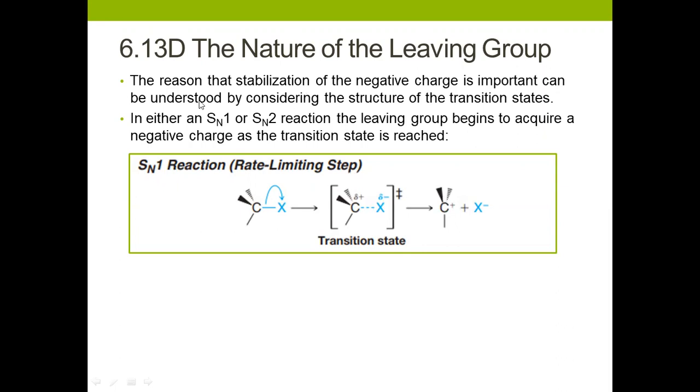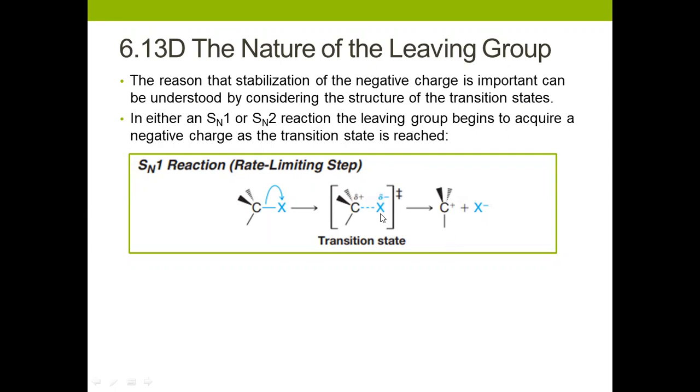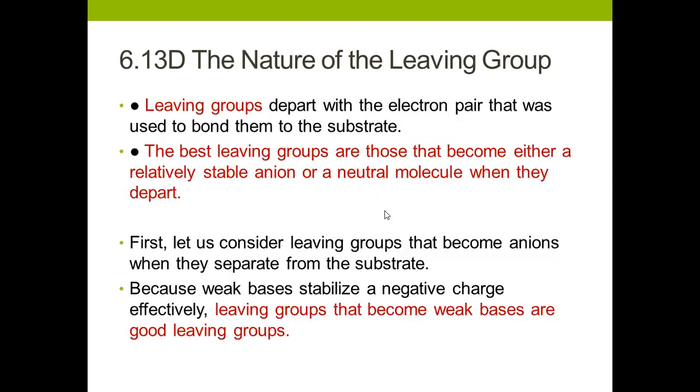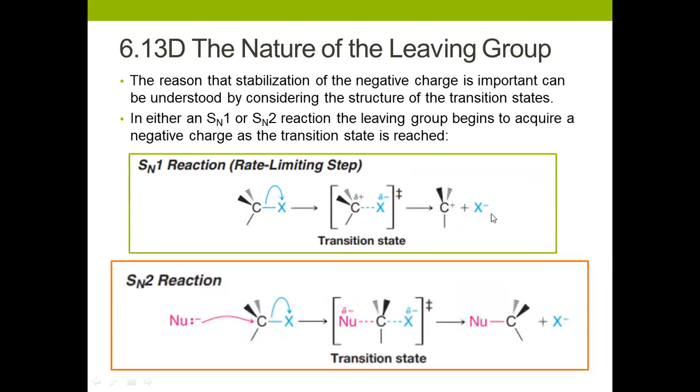However, your anion can be stabilized here. Then you will have formation of a weak base here. So in the SN1 reaction, the leaving group will leave first to form that.